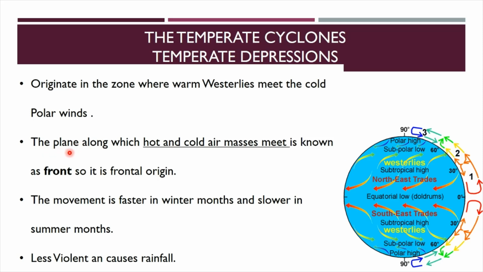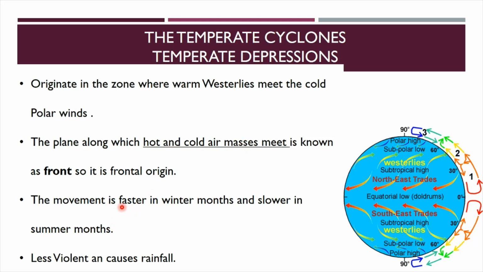That means the plane along which hot and cold masses meet together, there is a chance of a front. It's called a front, and so this origin is called frontal origin. So these temperate cyclones also come as a result of frontal origin. Frontal origin means the mixing up of hot and cold winds in plain areas.